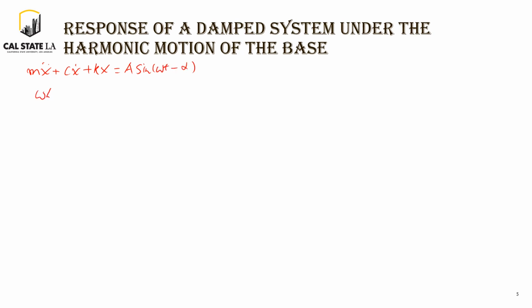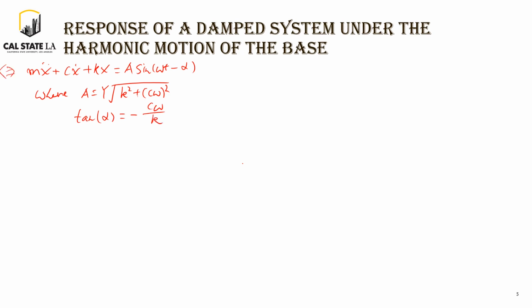And over here we know that a is equal to Y times square root of k squared plus (c omega) squared, and tangent alpha is equal to negative c omega over k, right?